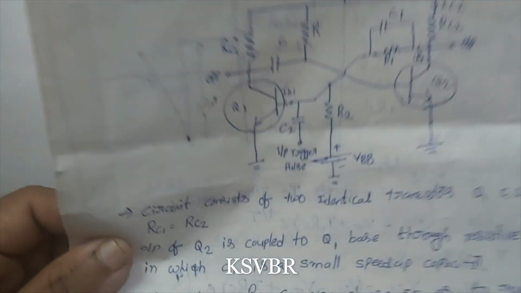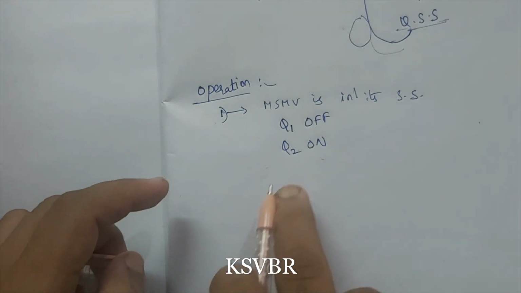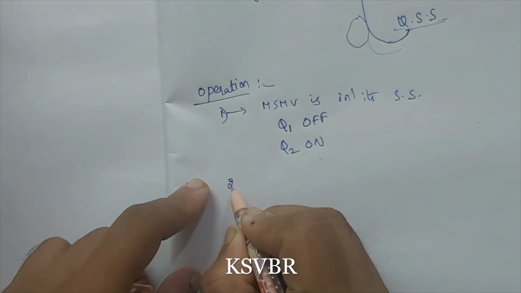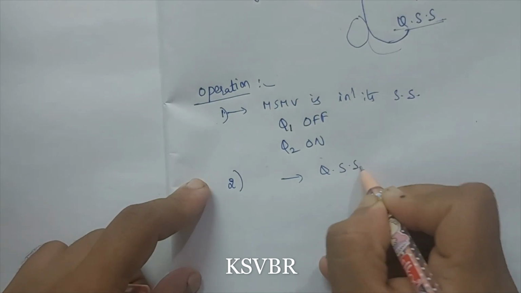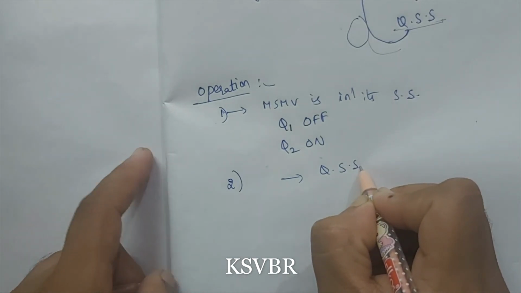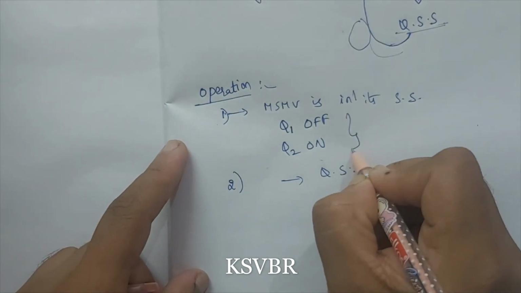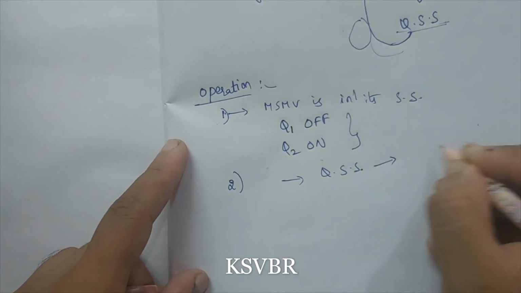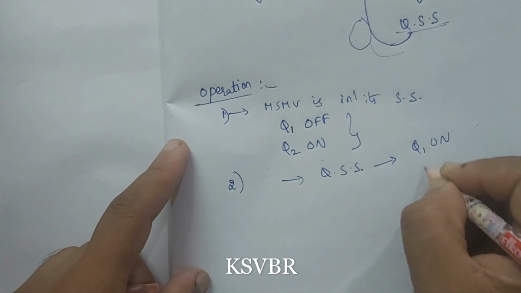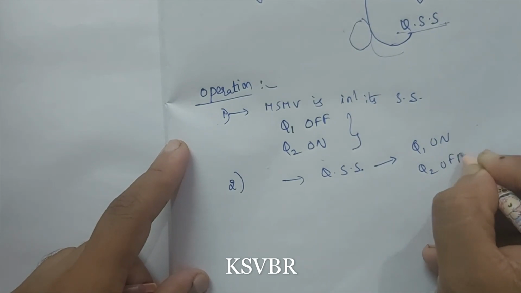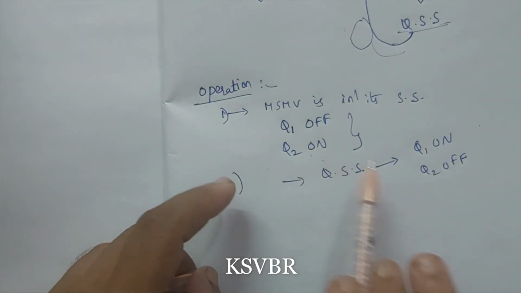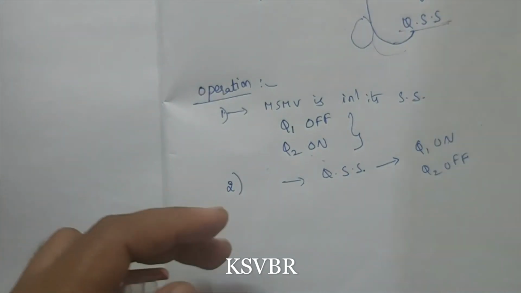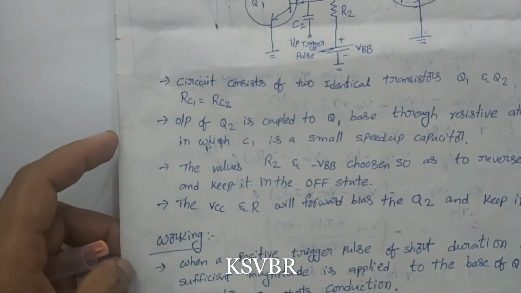Now we have to move our multivibrator into the quasi-stable state. How can we move into the quasi-stable state? The quasi-stable state will be Q1 on and Q2 off. That means making the off transistor on and the on transistor off.